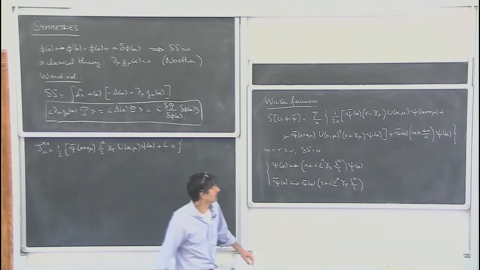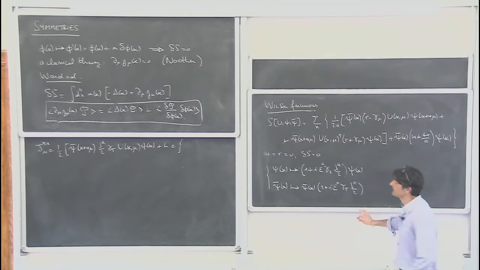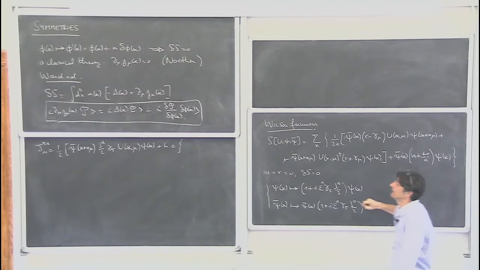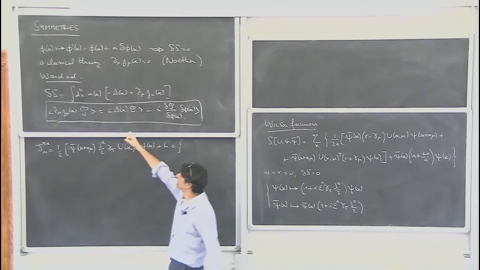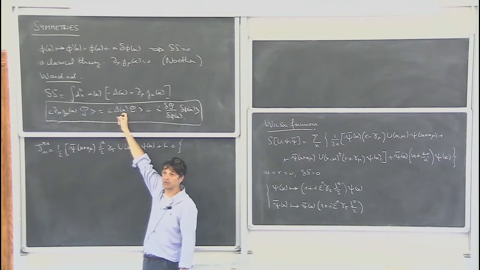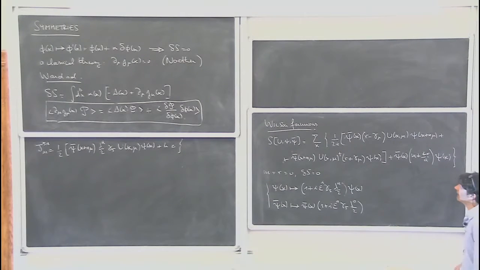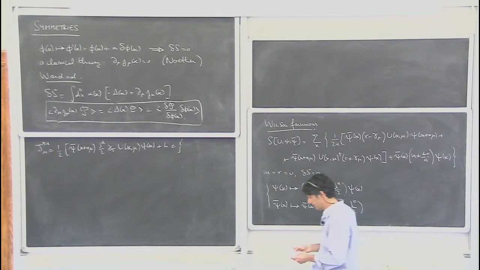And then we're going to have an explicit breaking. So everything that is proportional to m and r in the action is going to give you an explicit breaking, so a term which looks like delta x. Okay? And then there will be the variation of the probe.